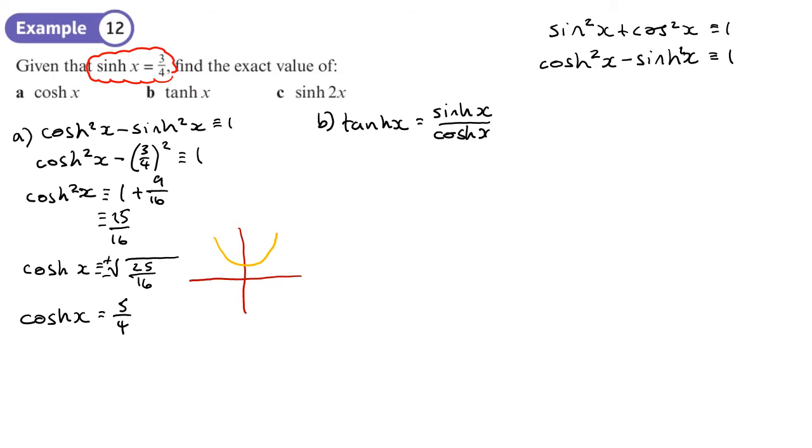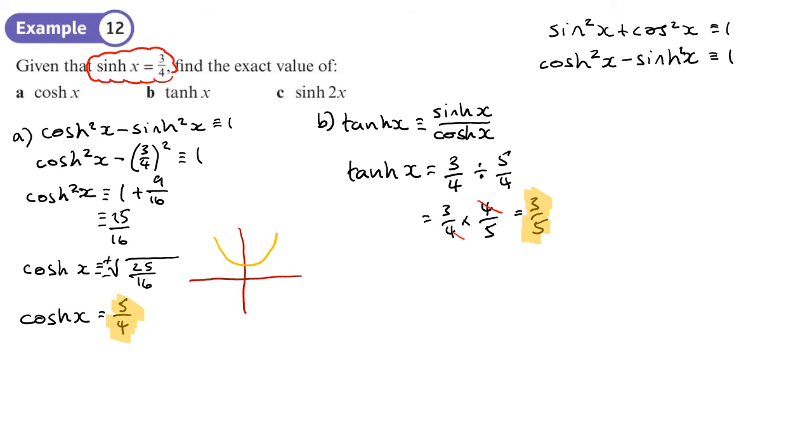Now, assuming we've worked out part A right, then tanh is going to be sinh, which is 3/4, divided by cosh, so divided by 5/4, so that's the same as 3/4 times 4/5. The 4s cancel out, so that just leaves us with 3/5 for that one. So just highlight the answers here: 5/4 for A, 3/5 for B.